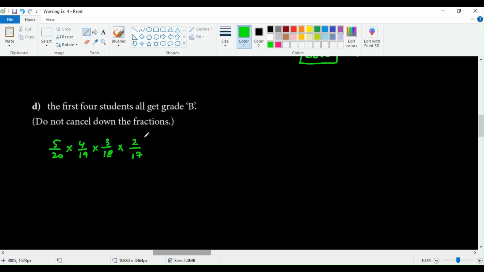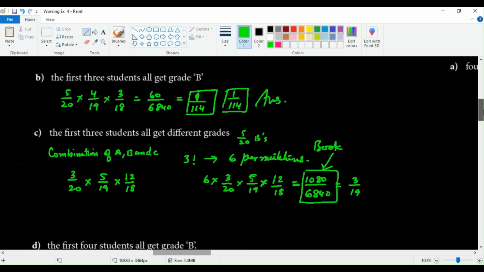So once we solve this using a calculator, you get 1 over 20 over 116,280, and once we divide both by 120, we get 1 over 969. In the book you will get this answer, which is acceptable since it is mentioning do not cancel down the fractions. So this one is going to be the valid answer.